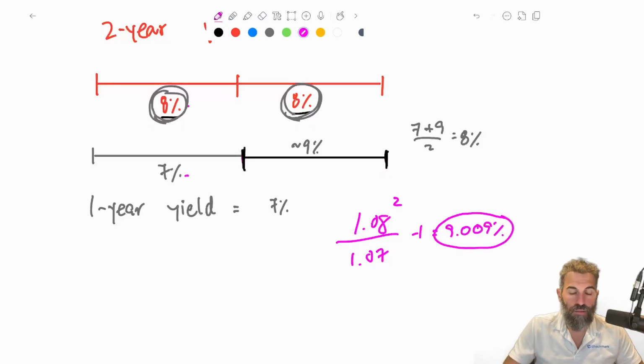Okay? So to summarize, because you invested in a 2-year bond, that second year ended up yielding or will yield 9% interest. And that's it. Okay, that's a forward rate.